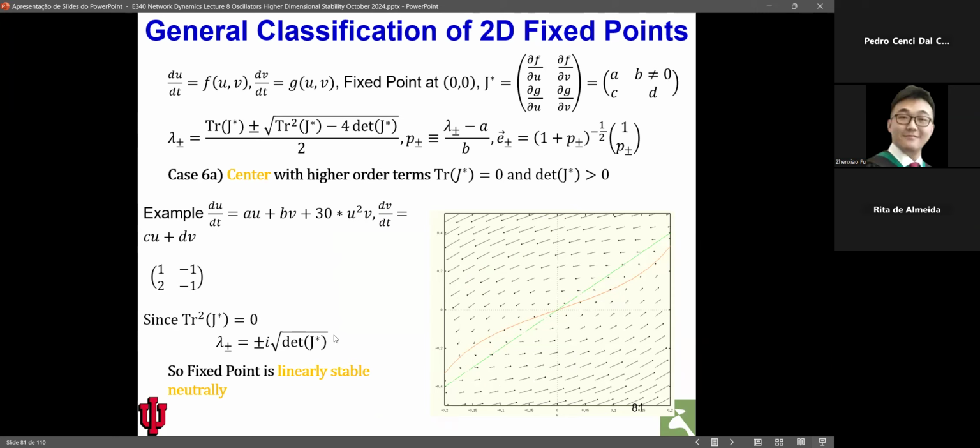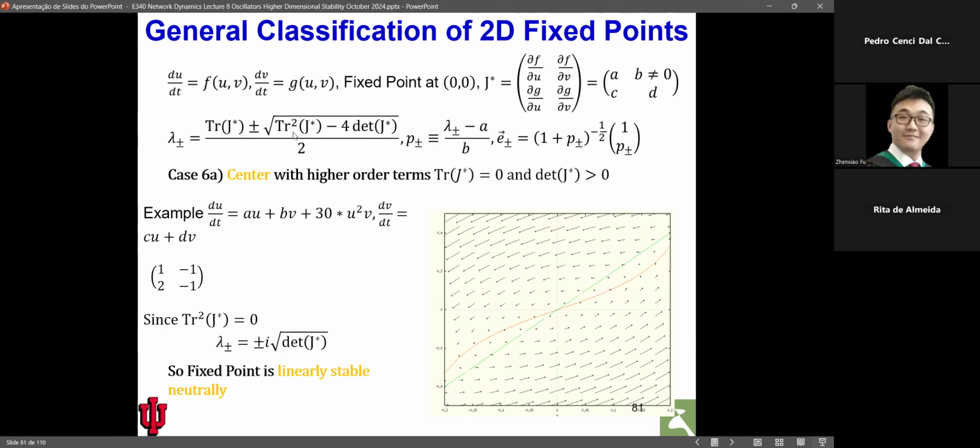And then the fixed point happens to be, if the trace of J is equal to 0, then I have a linearly stable center. But if I have a trace squared, because trace squared is going to be 0, then I'm going to have this thing. But you could have something which is different here, you see.